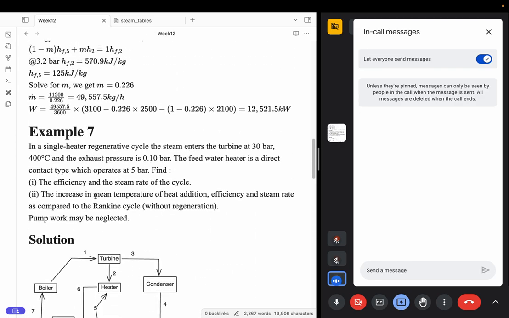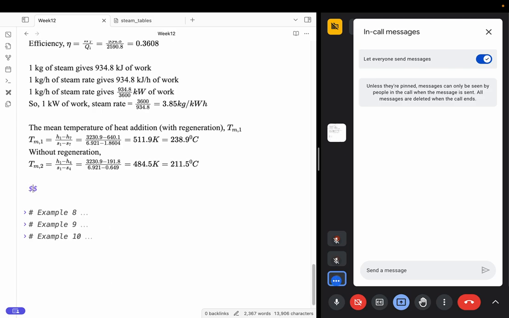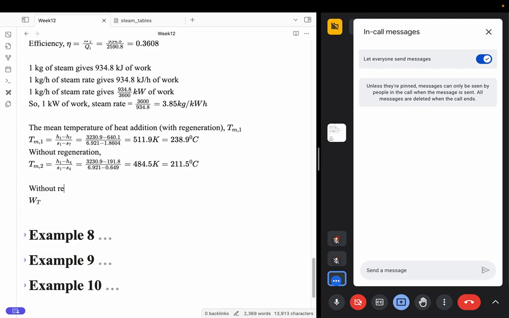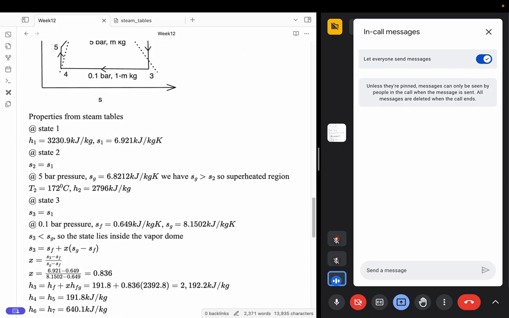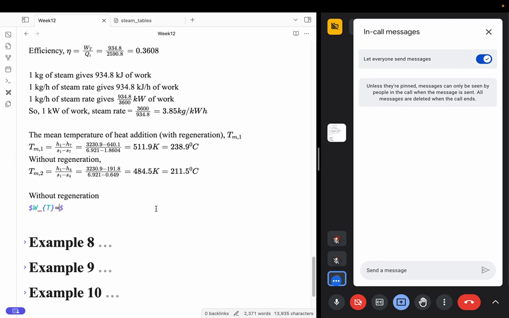The first part asks you about the mean temperature of heat addition. Now we talk about efficiency. For efficiency, we need to calculate the turbine work done, and we also need to calculate the heat addition in the boiler, and then divide them and see what is happening to the efficiency. So the turbine work done, without regeneration: if you see the states, turbine work will be state 1 minus state 3, H1 minus H3 times your mass flow rate.